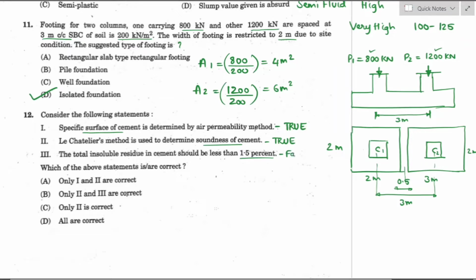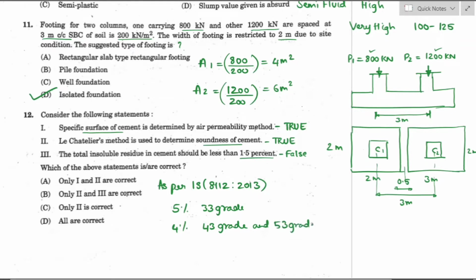This statement is false, because as per IS 8112-2013, the total insoluble residue in the cement should be less than 5% for 33 grade of cement and 4% for 43 grade and 53 grade of cement. So it shall not be less than 1.5%. This statement is false. So among these given statements, the correct statements are 1 and 2. So option A is the right answer. Only 1 and 2 are correct.